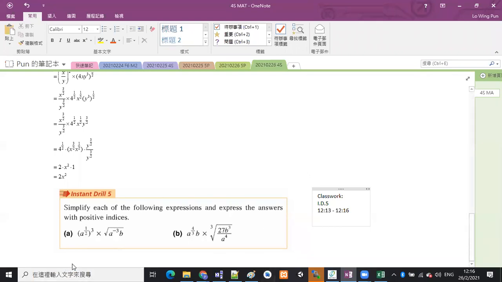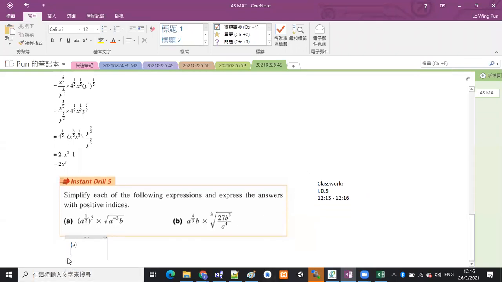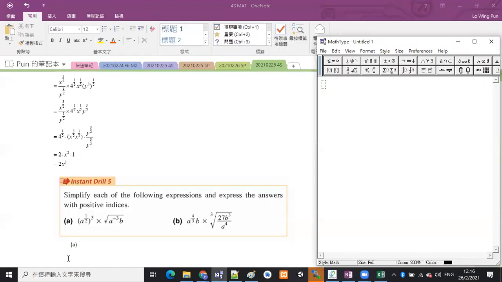Okay, let's check the answers. Part A. So we have a square root here, and then we just change the square root to be power 1/2 first.